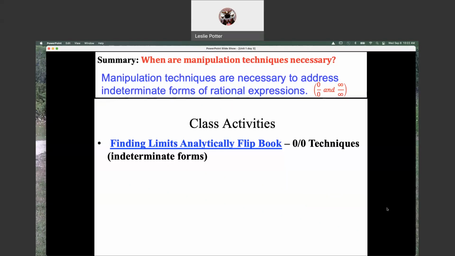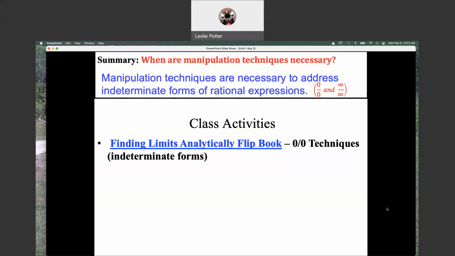Tasks. Foldables 101. So when can you use foldables? All the time. Exactly.